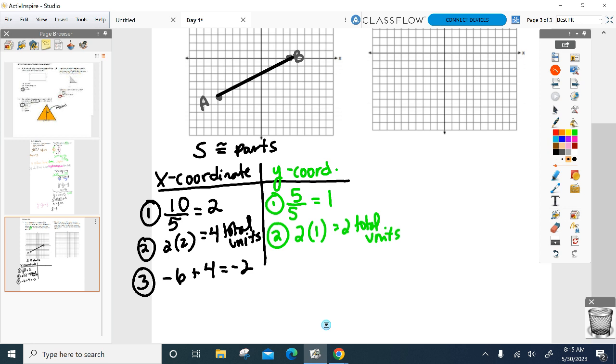And always go back to the original starting point on the y-axis. And our original starting point was what? -5? Yep, -5. So from -5, go 2 units up, and we end up at -3.